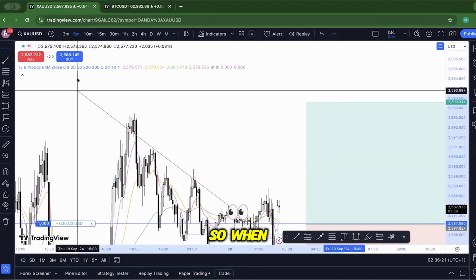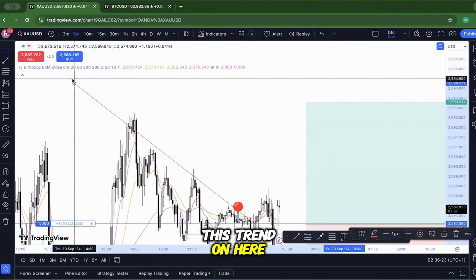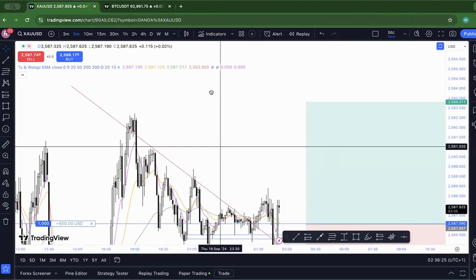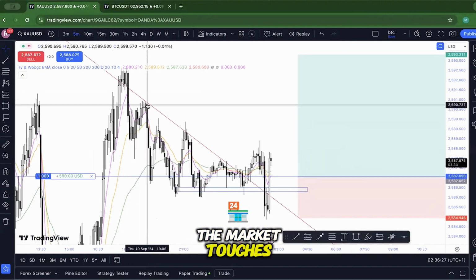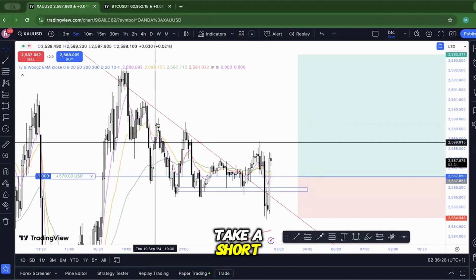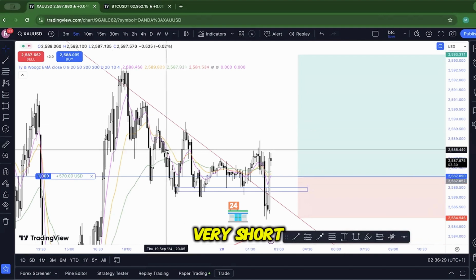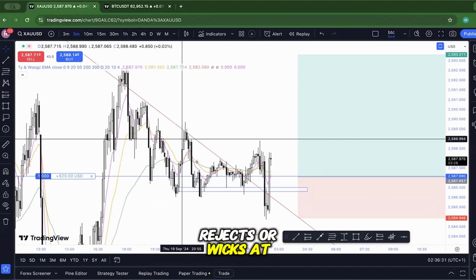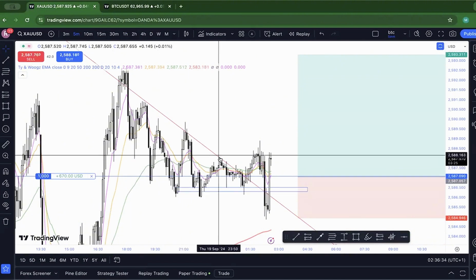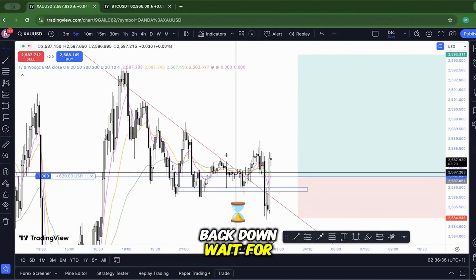So when you see this trend line here, you're looking for whenever the market touches. So around here, you take a short, then you short when the market rejects or wicks at the top, reject, take it back down, wait for the trend line.